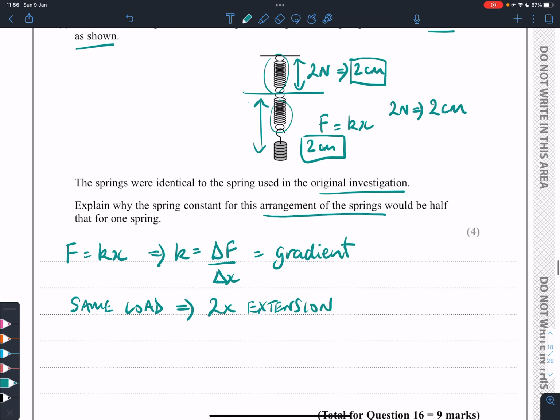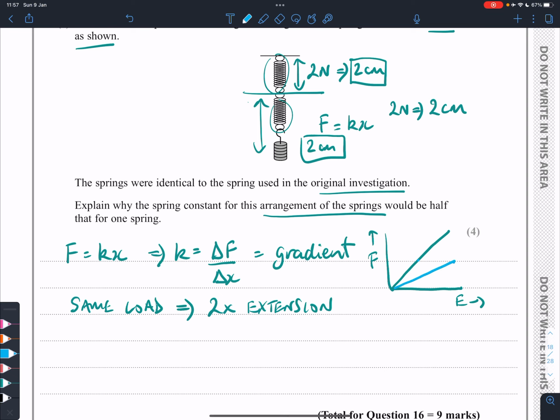If you think of it on a graph, same load, this is the original one, something like this. This is the extension, this is the force, the load, and now we're getting twice the extension. So instead of it being here for 2 newtons and 2 centimeters, it'll be about 4 centimeters.